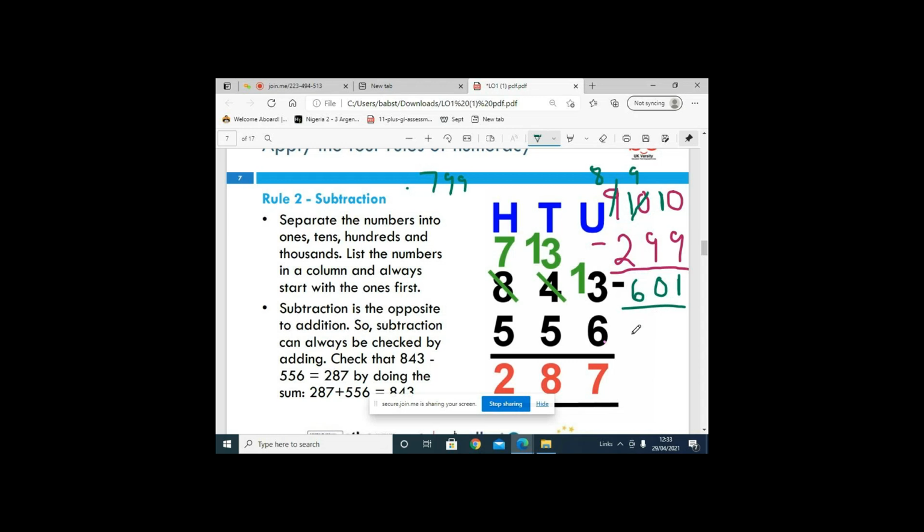But if you can take note of this thing, I'm going to give you another one to try. So before we move on to multiplication, so that you can understand it better. Yeah, thanks.